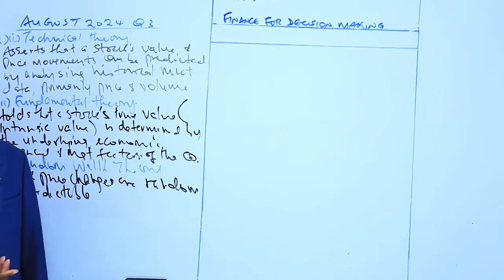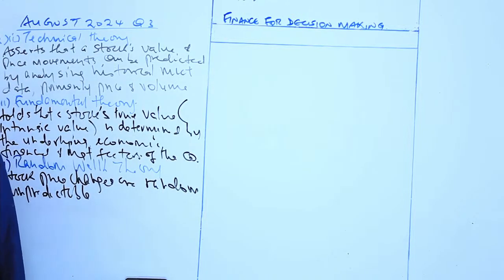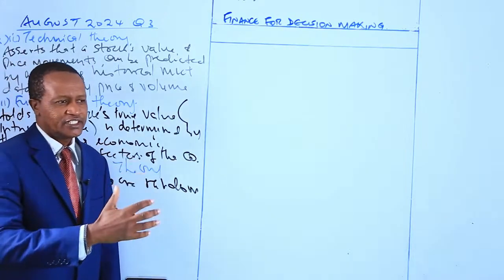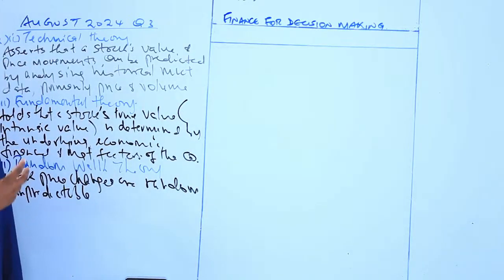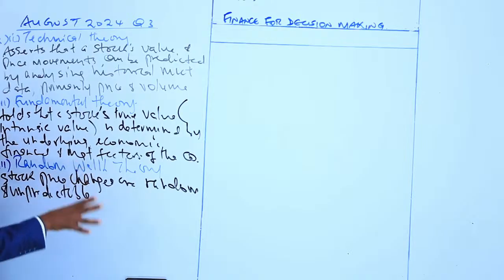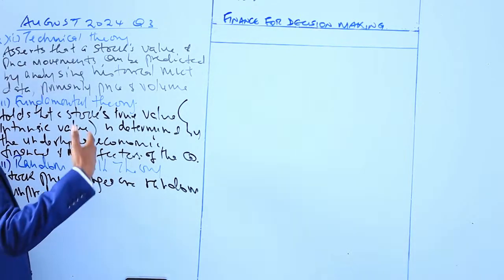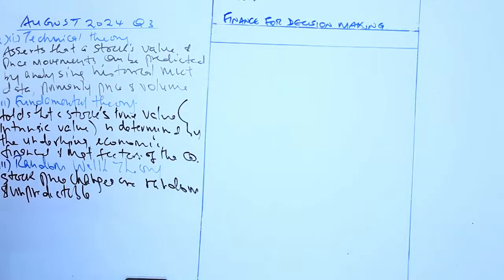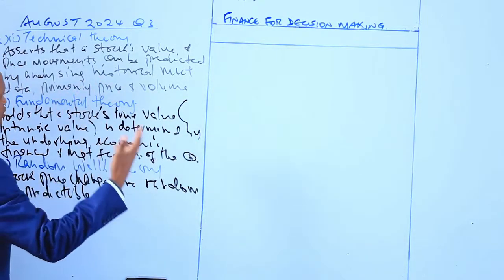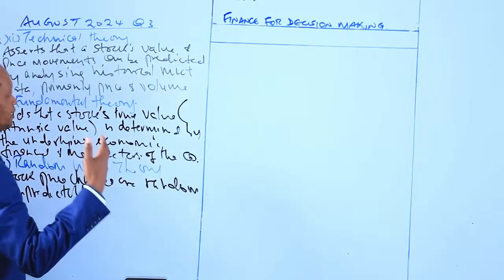That is to mean that the theory implies that an investor's best strategy is often to hold a diversified, passively managed portfolio. This theory posits that it's not possible to predict the future value of a share, whether you are using the technical analysis method or fundamental method.